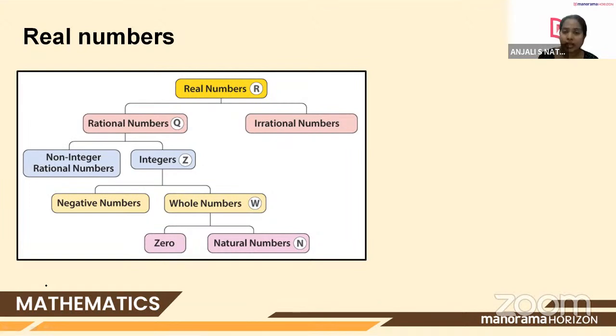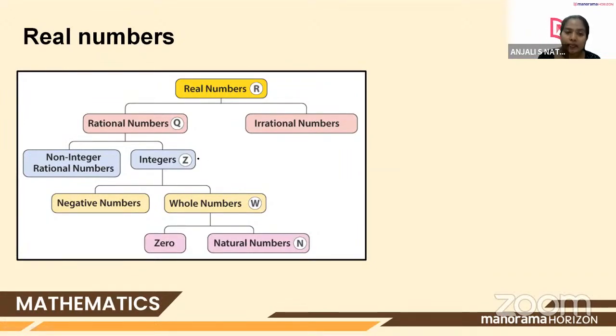If we include some negative numbers to these, then we can call it integers. So integers include negative numbers along with the whole numbers.